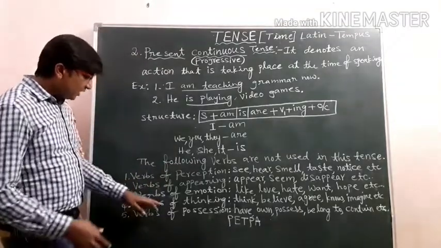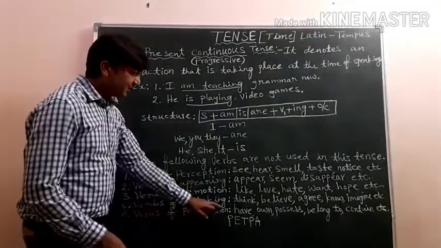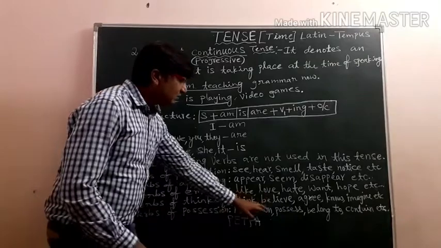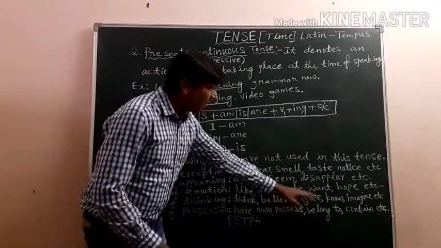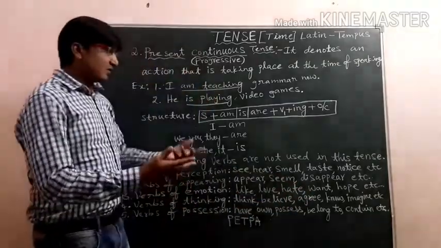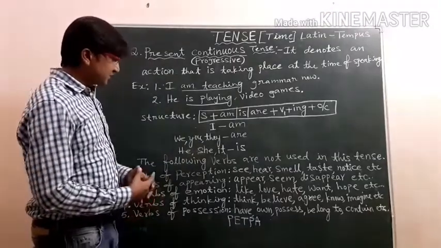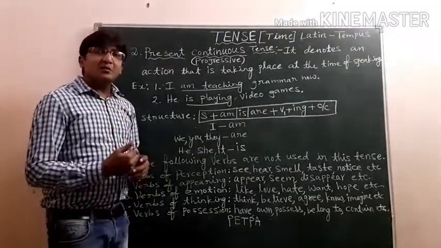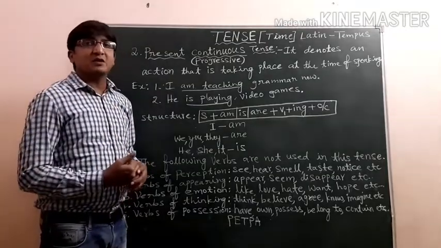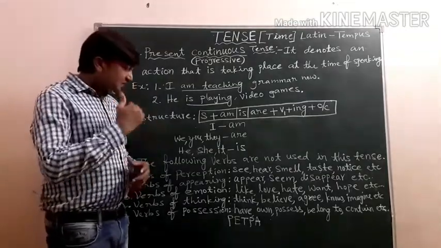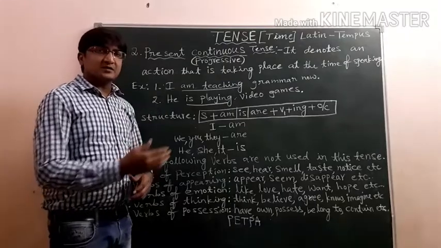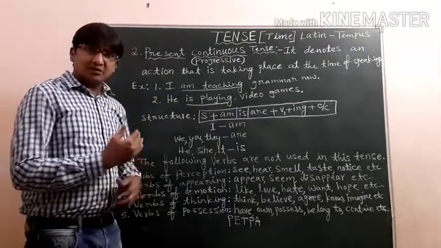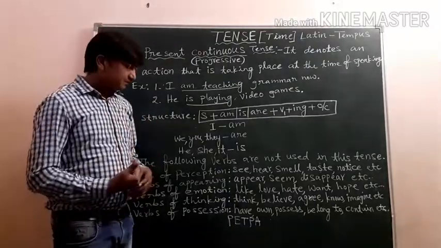Next, fourth one, verbs of thinking: think, believe, agree, know, imagine, etc. There are even other verbs of this type. For think, I am thinking about the problem. Generally we use this kind of sentence, but that's wrong. I think.